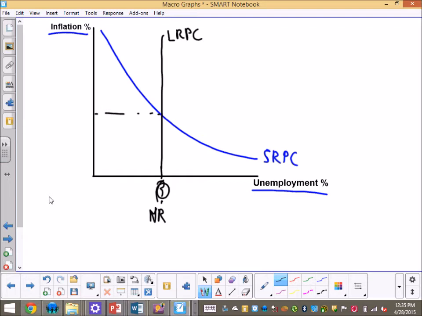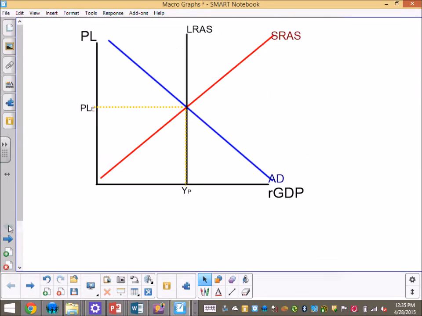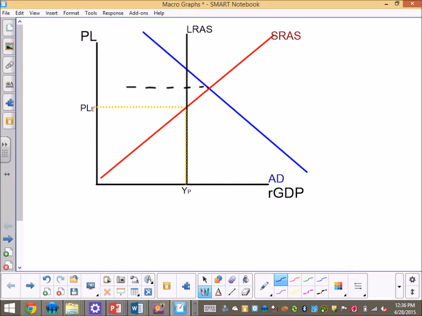So we have our long run Phillips curve and our short run Phillips curve. Now, does that mean this is the end of everything? No, we also know that if we look at our original graphs, how does this affect the Phillips curve? Well, does the Phillips curve shift aggregate demand? No, but a shift in aggregate demand will cause what to happen? What happens to the price level?